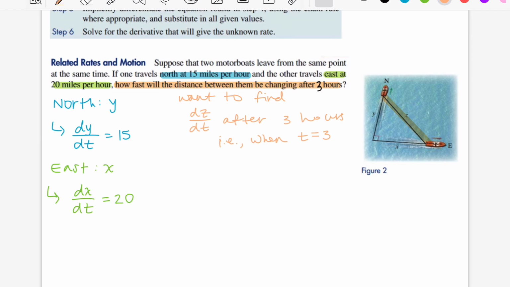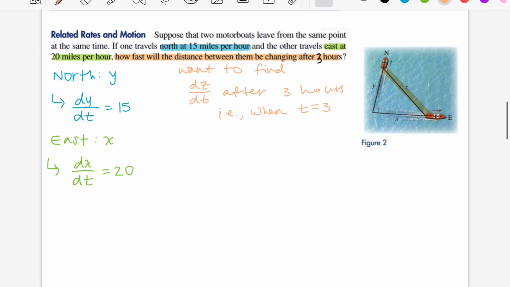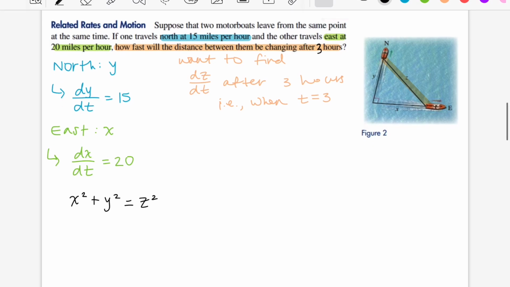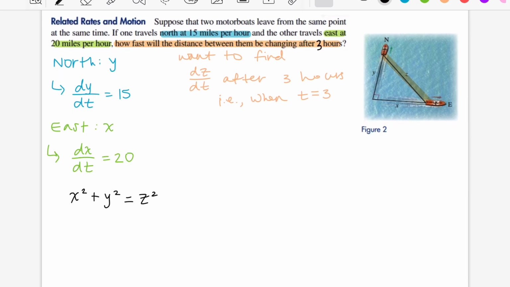Alright, so x, y, and z are all going to be dependent on t. And again, we have this triangle shape here, so we'll use the Pythagorean theorem to relate these variables. So we have that x squared plus y squared is going to be equal to z squared. Now in this case, we don't have a value for z. In the last example we were given that, but that's fine. We can still take the derivative of this using implicit differentiation.